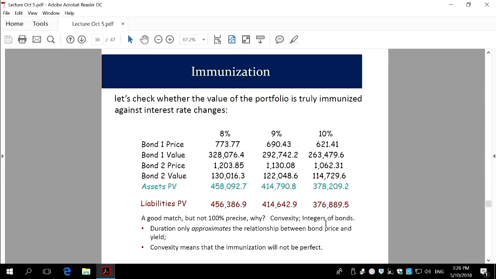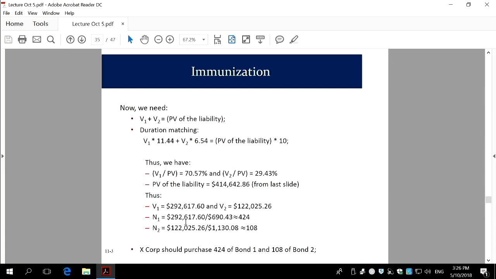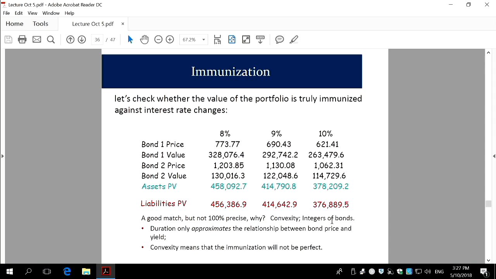Another reason is the integral number of bonds. Mathematically, we need this value of the type 1 bond, but remember, you can only buy an integral number of bonds, right? So that is where it can originally have a small error. So the convexity and also the integral number of bonds mean that immunization cannot be 100% perfect, but it's good enough.